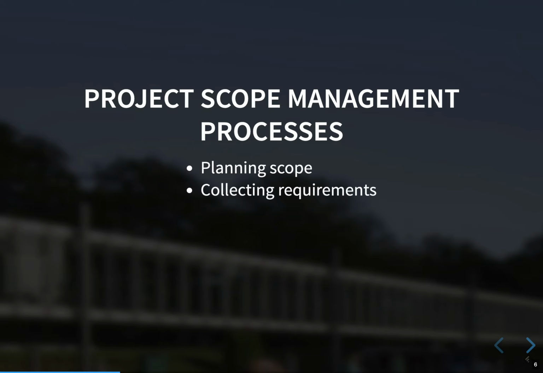The next step is collecting the requirements. So defining and documenting the features and all the functions of the products produced during the project, as well as the processes used for creating them. Get all the requirements, and decide how to collect them. Then, defining the scope.